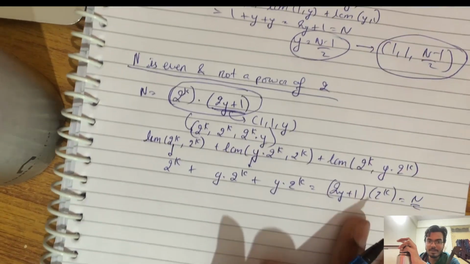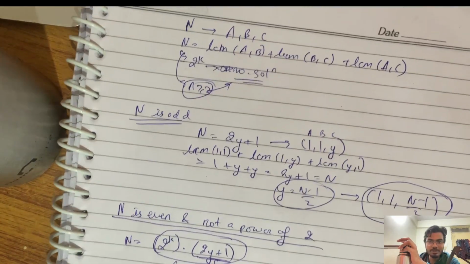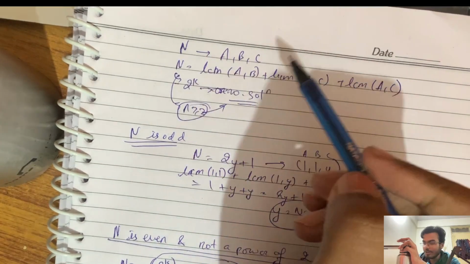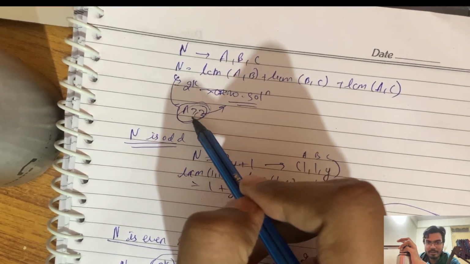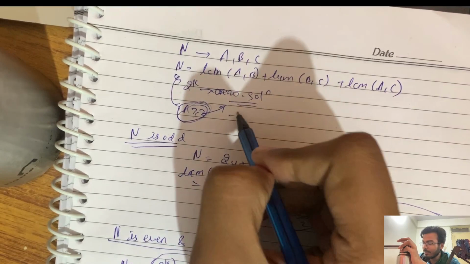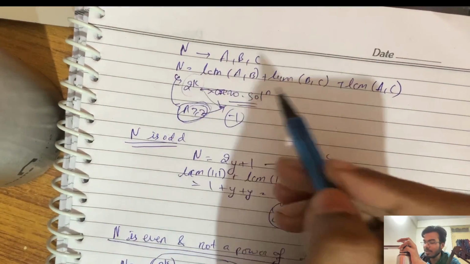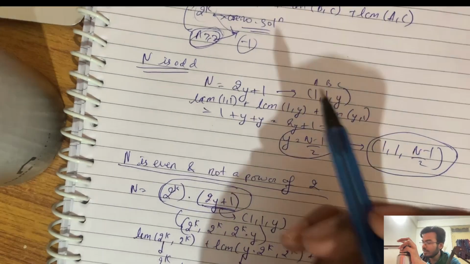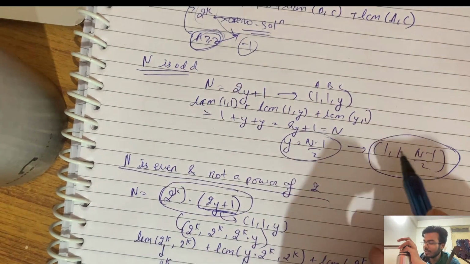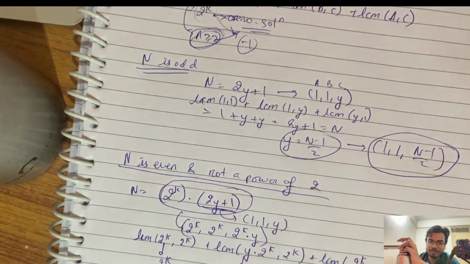So our solution goes like this: if you have an n, first check if it is less than 3. If it is less than 3, print -1. If it is exactly a power of 2, we have to print -1. Then if it is an odd number, my solution is 1, 1, (n minus 1) by 2.